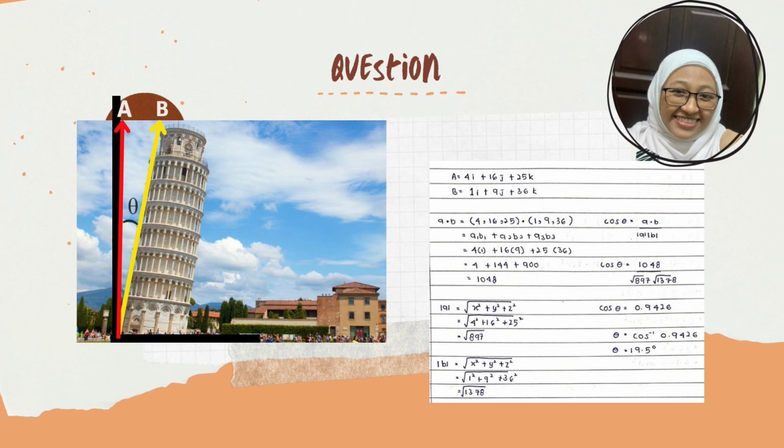Then to find the angle, we use the formula geometrically, which is cos theta equal to A dot B divided by magnitude A times magnitude B. So it will be 1048 divided by square root 897 times square root 1378. The answer is cos theta equal to 0.9426. By using the calculator, you will get theta is equal to 19.5 degrees.